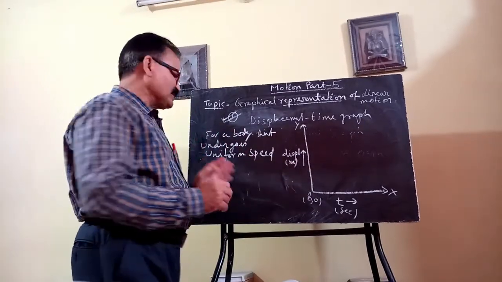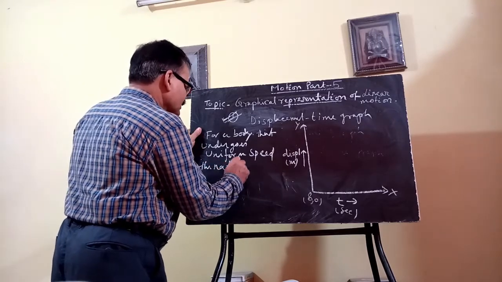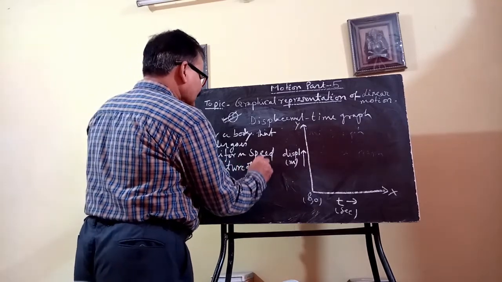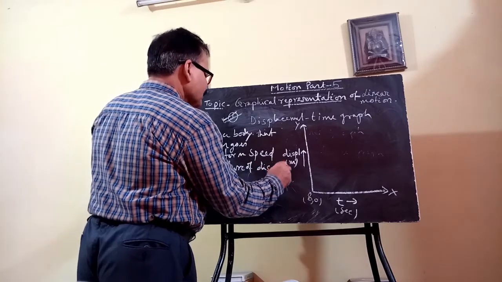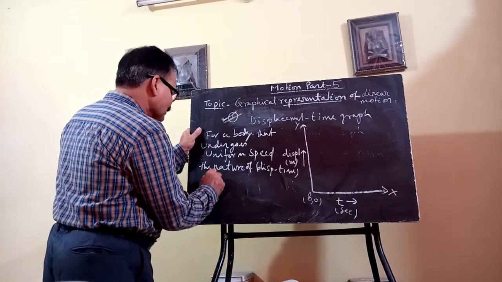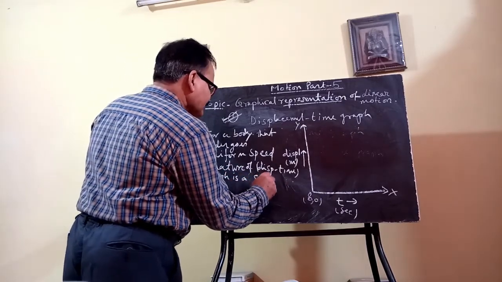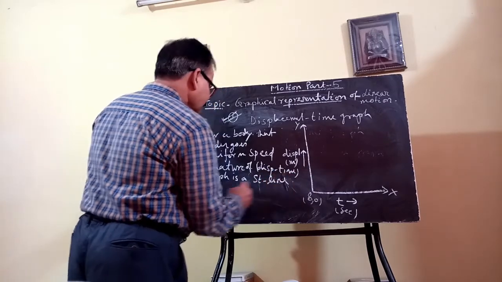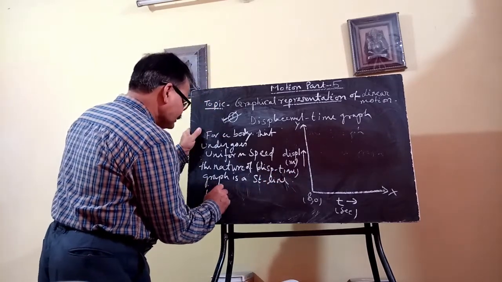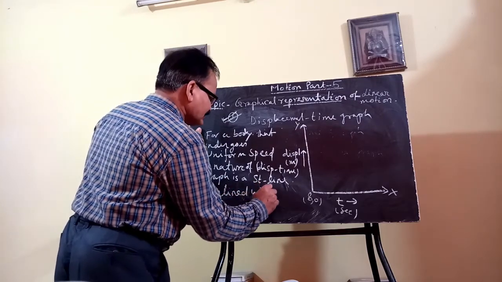The nature of the displacement time graph is a straight line inclined with the time axis.